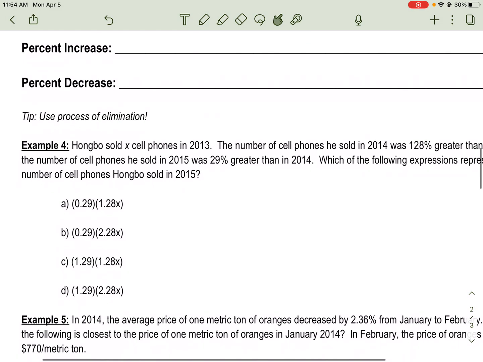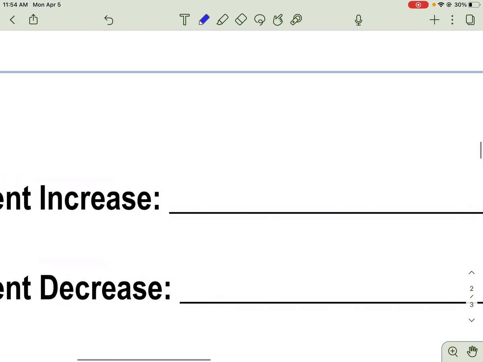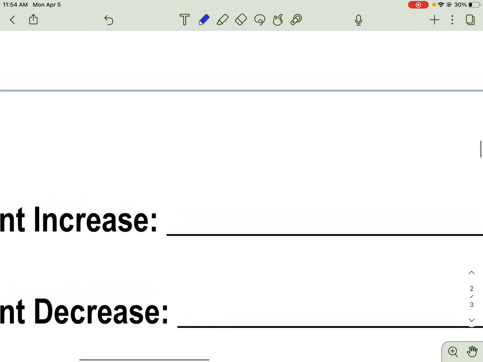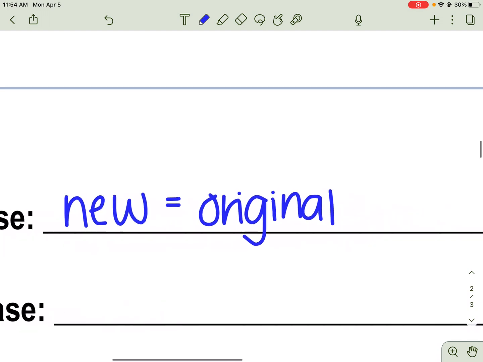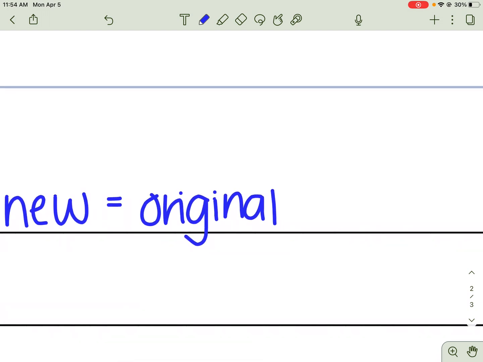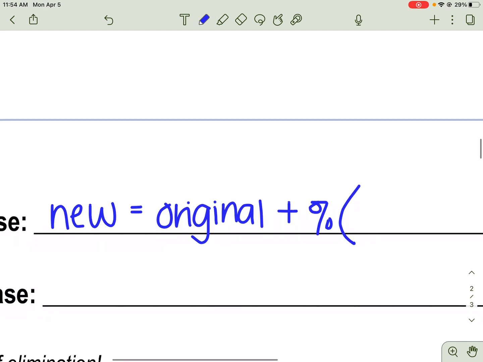All right, next, these next two problems are going to deal with percent increase and percent decrease. Okay, so if I have something that has a percent that is increasing, one way that I can find the new amount is that the new amount is going to be whatever it was originally. Okay, so whatever the original cost or whatever it is, plus the percent increase times the original.